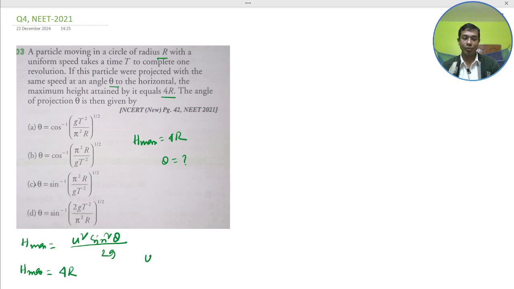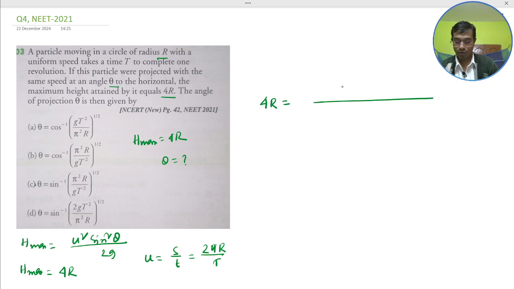So u is basically s by t, where s means the periphery 2 pi r, and t means the time of revolution, capital T. Just put this value here: 4r equals 2 pi r divided by T, whole square, times sin square theta by 2g.